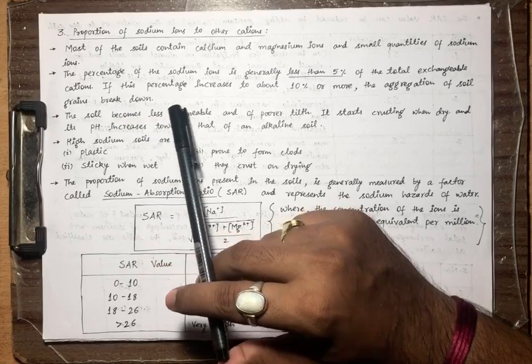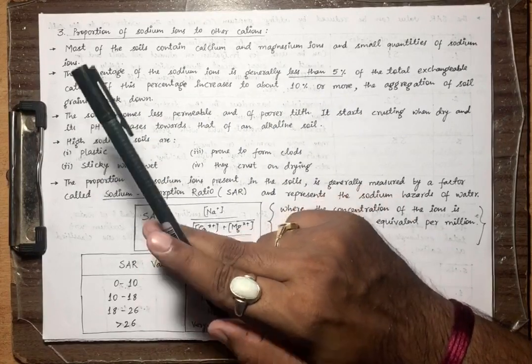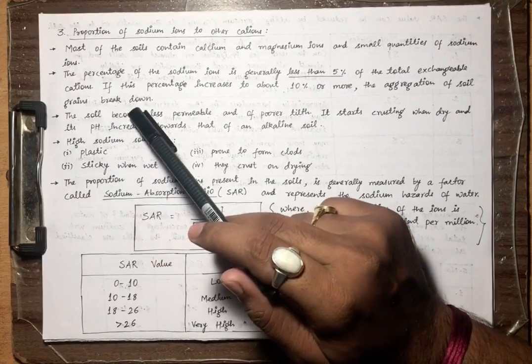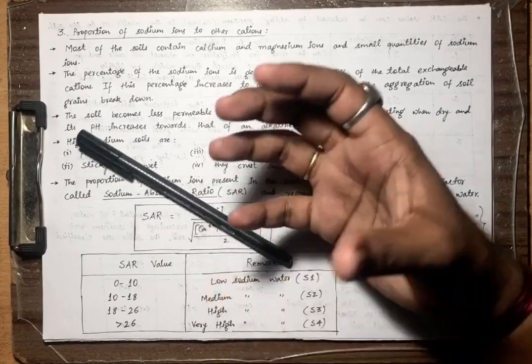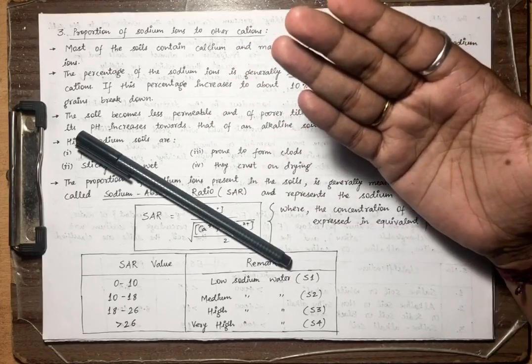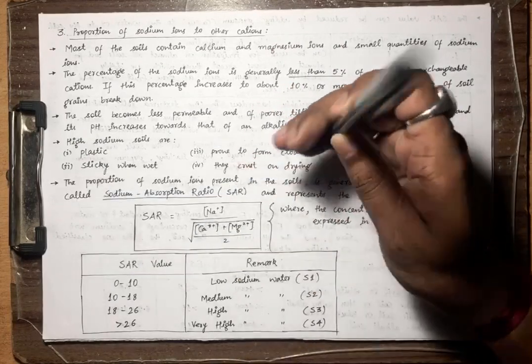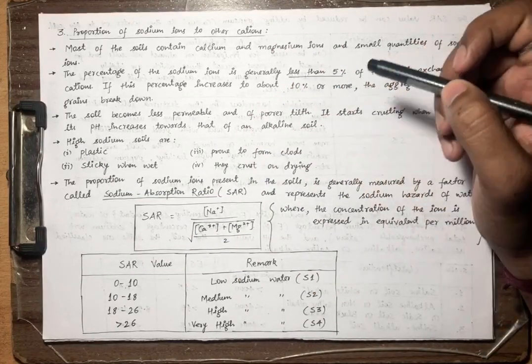If this percentage increases to about 10% or more, the aggregation of soil grains breaks down. That means if soil is in lumps, it will start to break down when the sodium ions are 10% or more. It is observed.